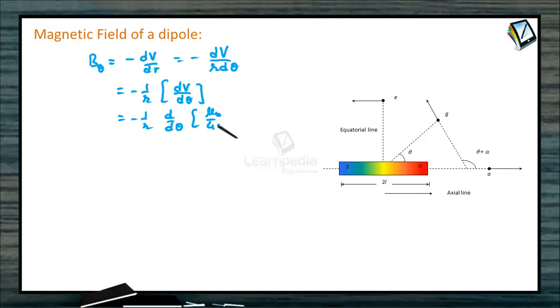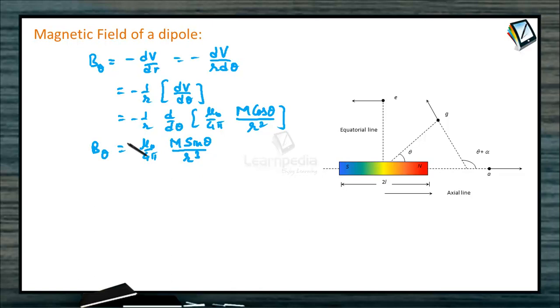We know it is mu naught by 4 pi m cos theta divided by r square. Differentiating, m by r square you can take as constant, so it becomes 1 by r cube d by d theta of cos theta. So we are left with m sin theta divided by r cube. So now this is B theta.